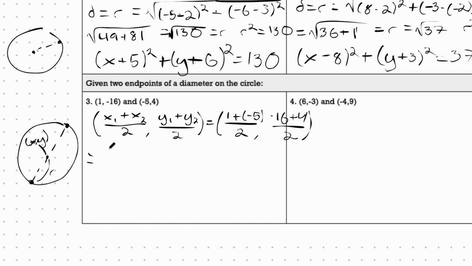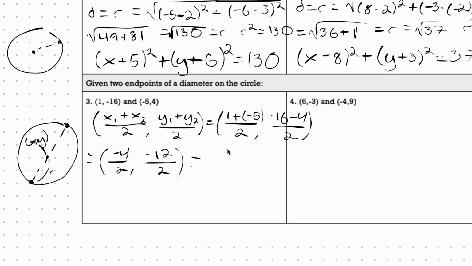That's going to give us, if we simplify, 1 minus 5, -4 over 2, and -16 plus 4, which is -14, or sorry, -12. Lord, making a lot of mistakes today. -12 over 2.